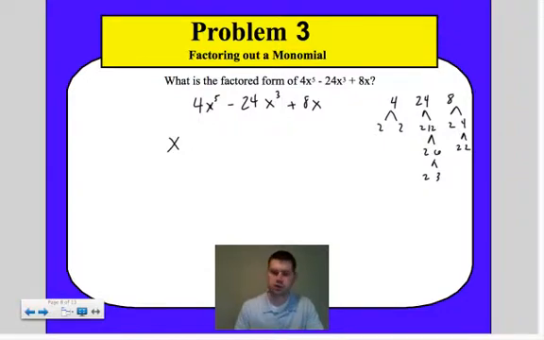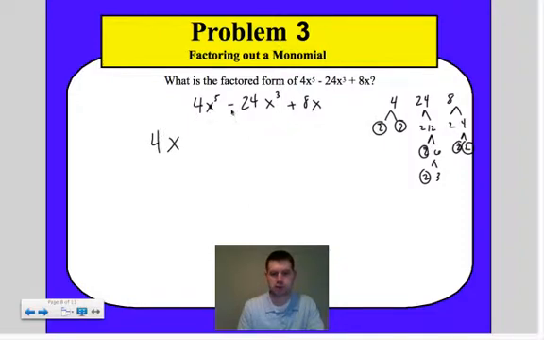So you can do a factor tree as well, since you already got the letters out of the way. And I notice they each have a 2, and each has another 2. So there are two 2's, which makes 2 times 2, which is 4.